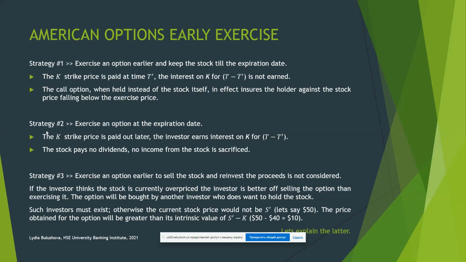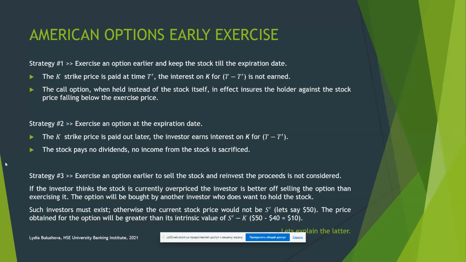So this logic might be a bit complicated, but I try to make it as simple as possible. So there are two strategies, I can exercise an option or I can keep it.